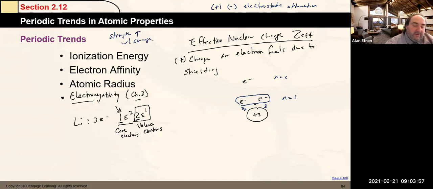So when these electrons feel that +3 charge, that's a pretty strong attractive force holding them together. You may be tempted to think that this valence electron in the second energy level would be feeling the same attraction, and that's actually not the case.